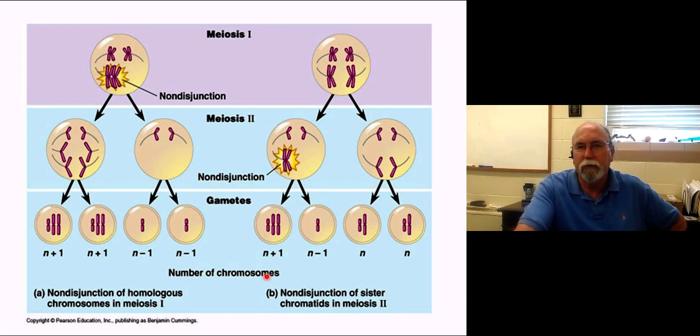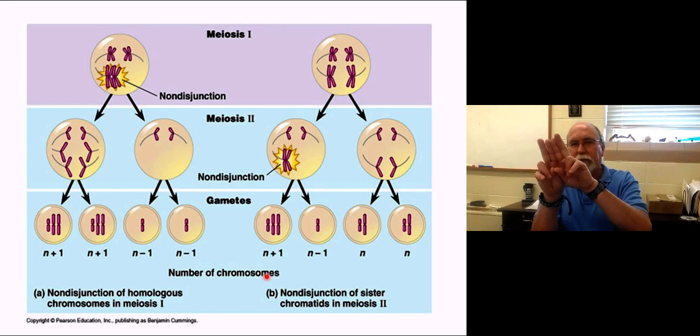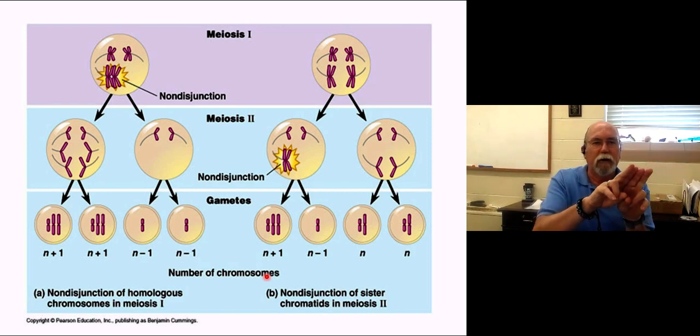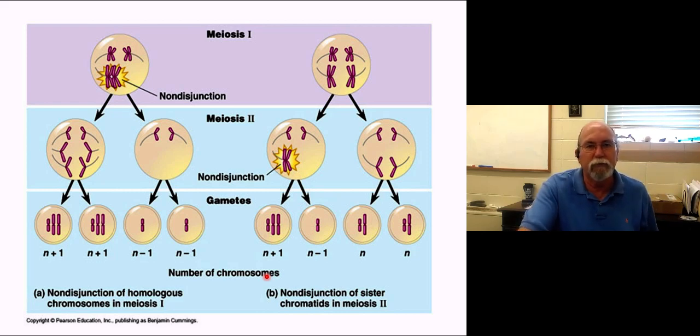It can occur in meiosis 1 at anaphase 1. In that case, the homologs go together, whatever happens, the homologs go like this. Then you've got secondary separations that occur, and even if it goes normally through metaphase 2, you end up with these different outcomes.